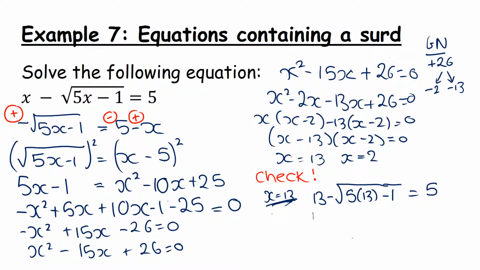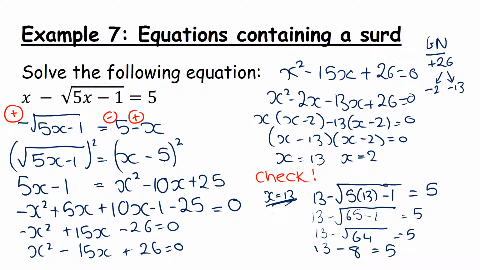So let's clean this up. So we have 13 minus the square root of 65 minus 1 equals 5. 13 minus the square root of 64 equals 5. 13 minus 8 equals 5. And that answer is absolutely perfect.